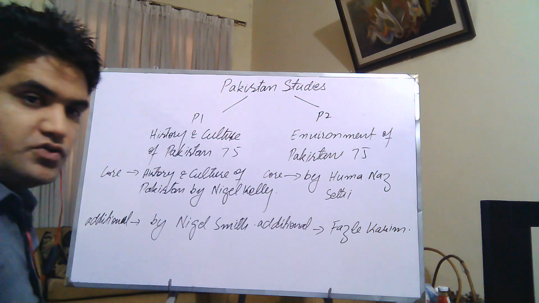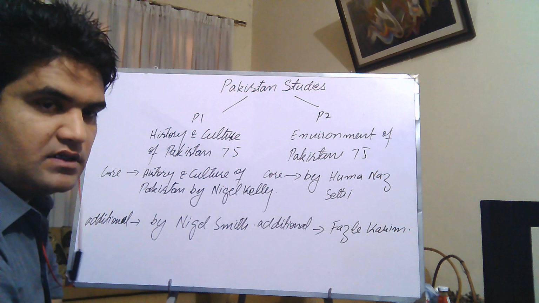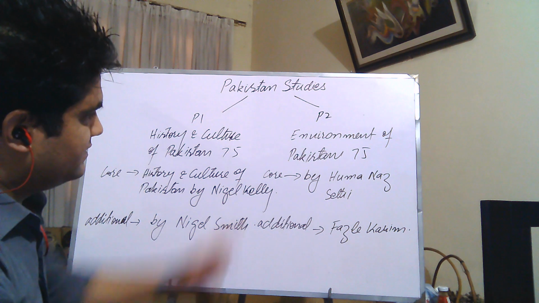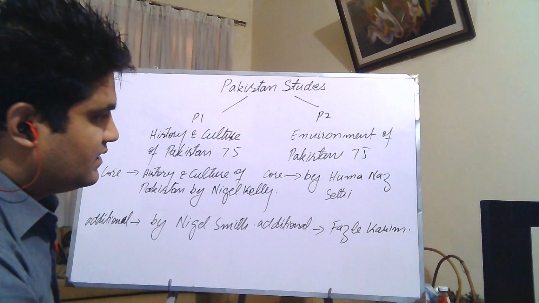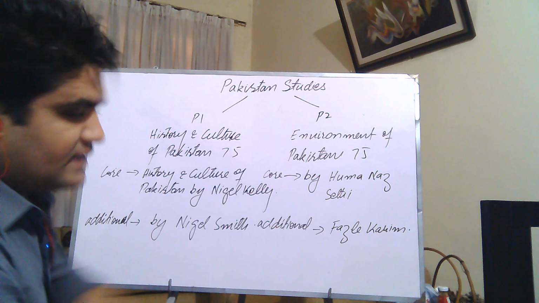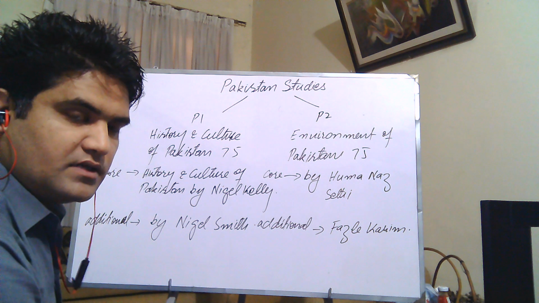As a beginner, you do not need all of these books actually. You first need to buy only this book for paper 1 and this book for paper 2. Later, when you have covered some content, you can buy these books as well to clear your concepts further.